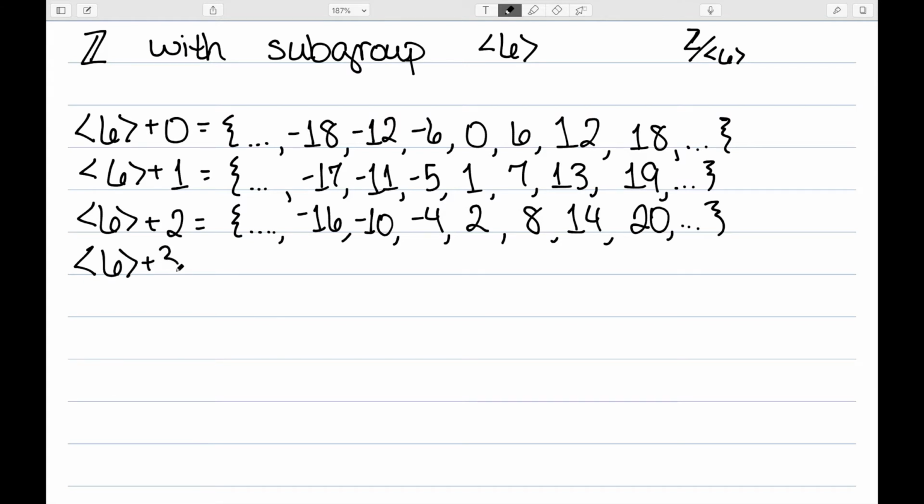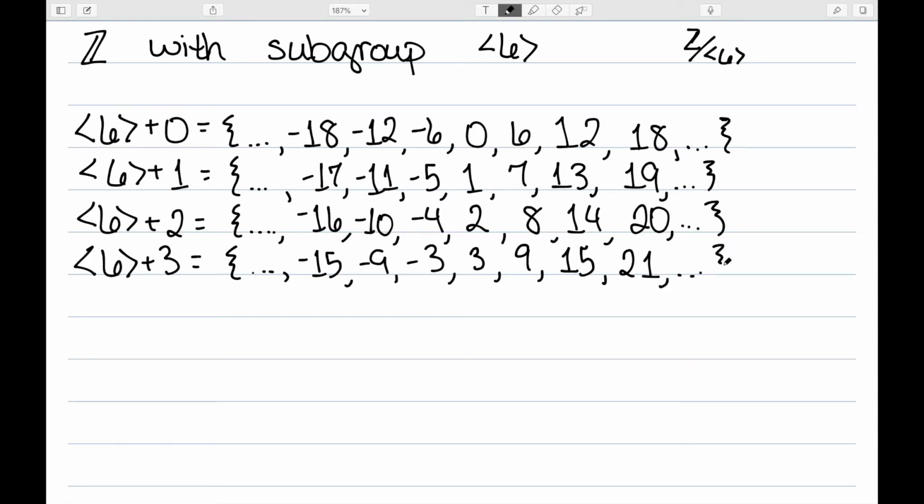6 plus 3. This is minus 15, minus 9, minus 3, 3, 9, 15, 21, etc. We could add 4.